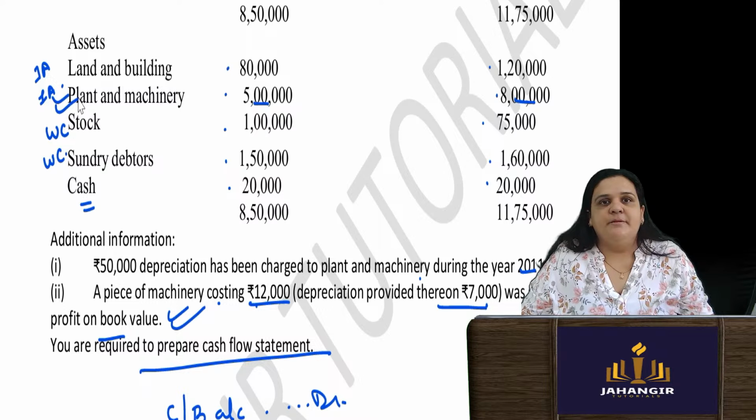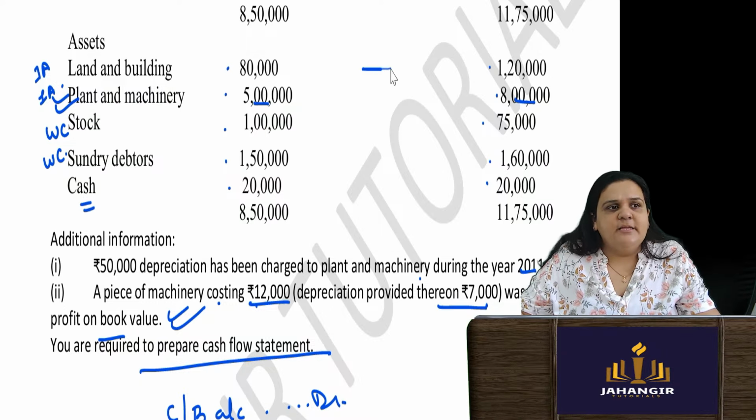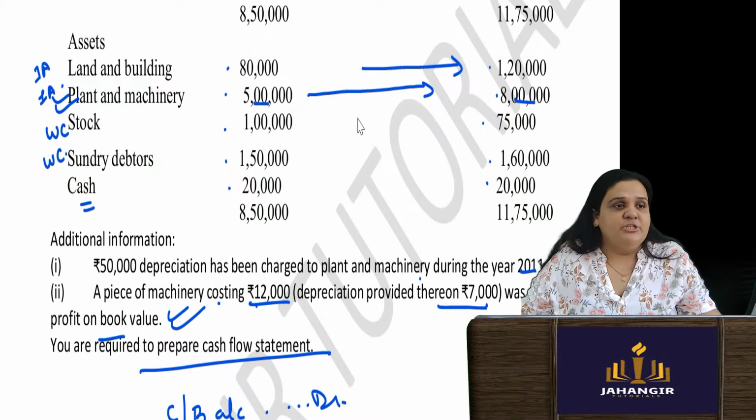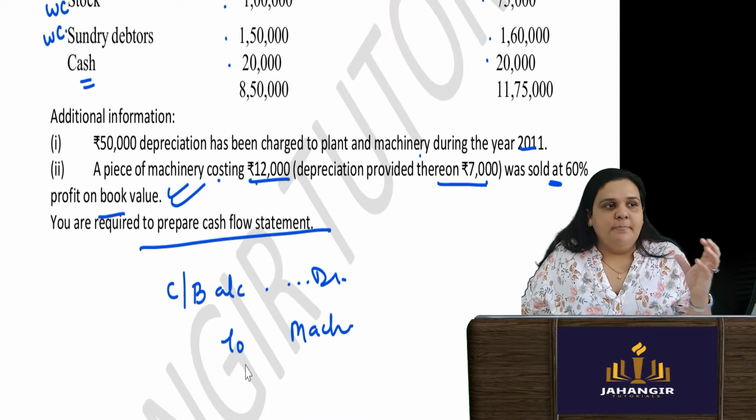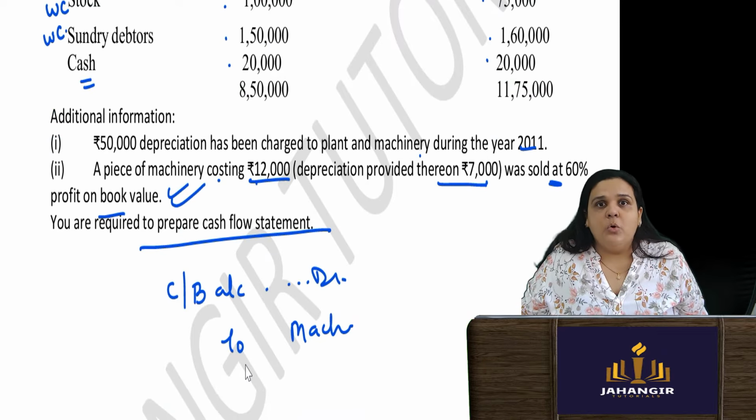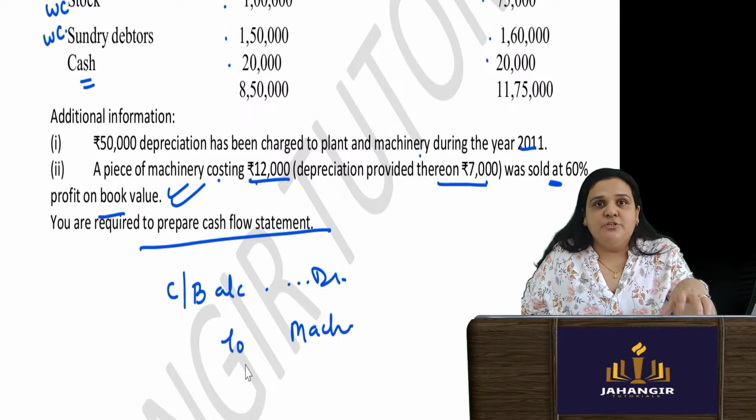Because there was depreciation, I had to pass the journal entries and make the ledger. Rest all the items, I can just compare the amounts and see whether there is an increase. Here if I would have tried to see that there is an increase of 3 lakhs of plant and machinery, I would have been wrong because there are adjustments to that. There was certain plant and machinery being sold also, and there was a depreciation which we had to charge.